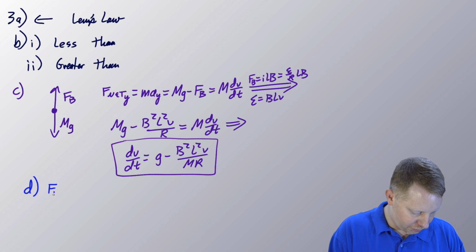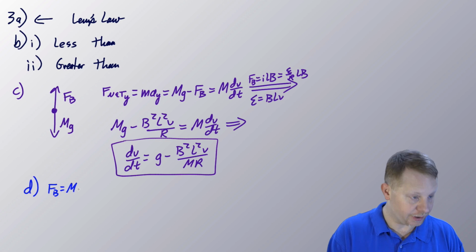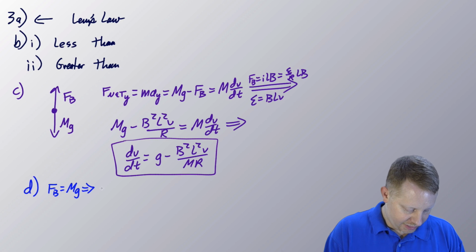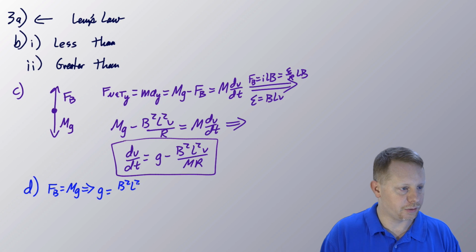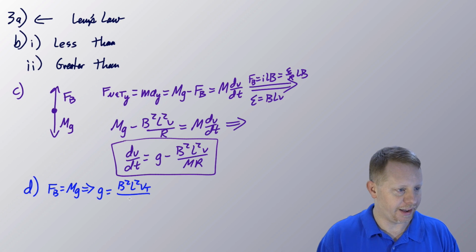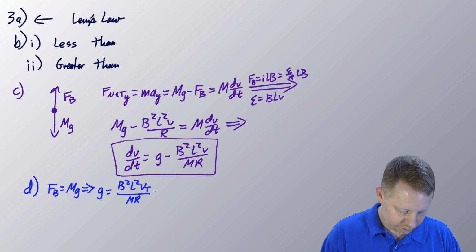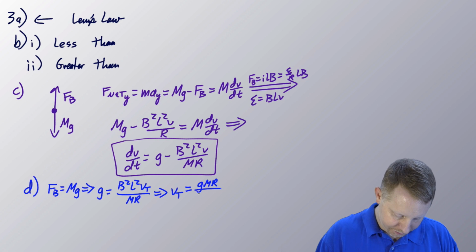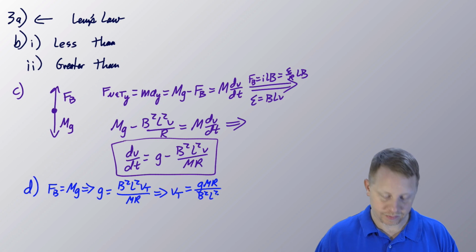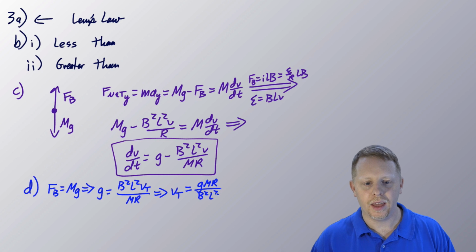So if I start with our magnetic force equal to mg, that occurs when g equals B squared L squared V terminal, all divided by MR. Therefore, just solving for Vt, our terminal velocity is g capital M capital R divided by B squared L squared. That's almost easier than part C.